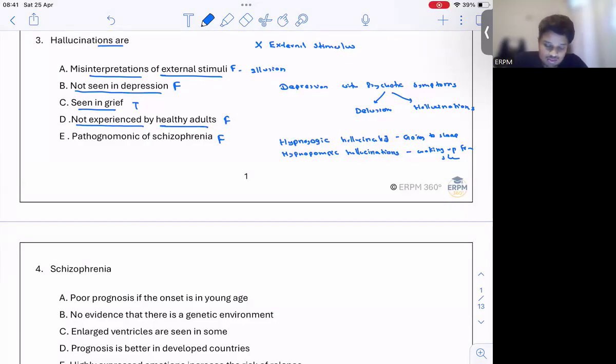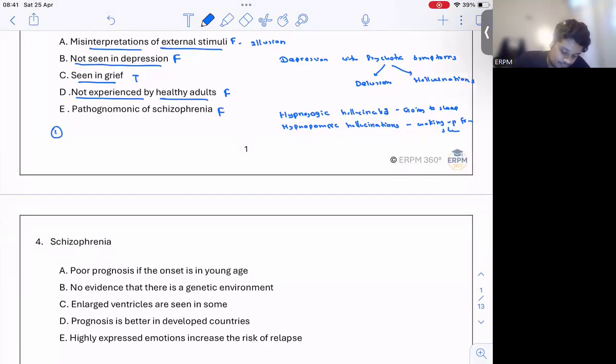What are those components? The first one is thought echo, thought insertion, thought withdrawal, or thought broadcasting.